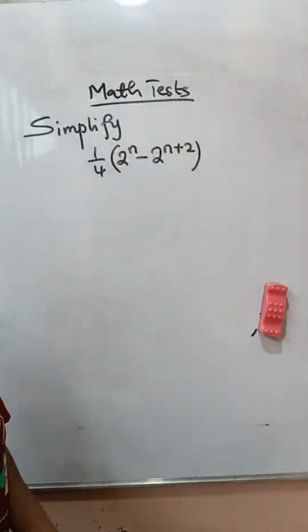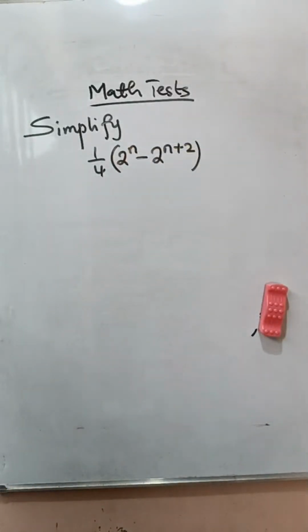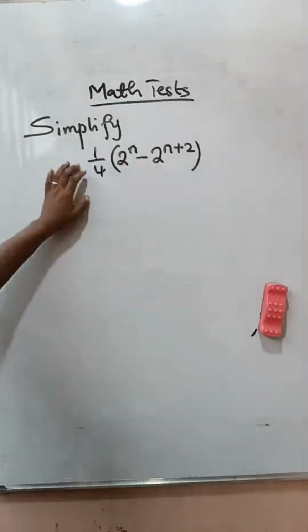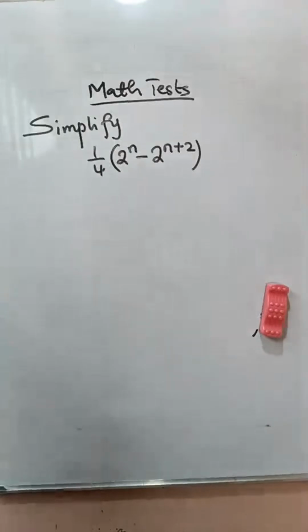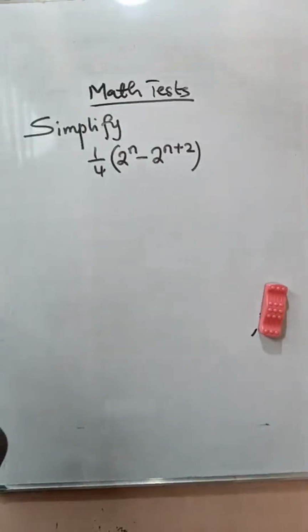That is the question, that we should simplify 1 over 4 bracket 2 to the power of n minus 2 to the power of n plus 2.